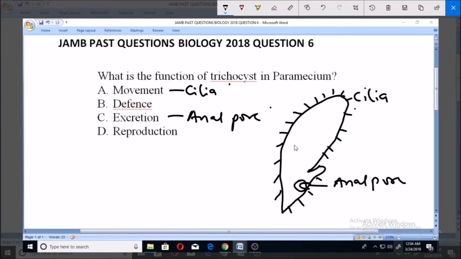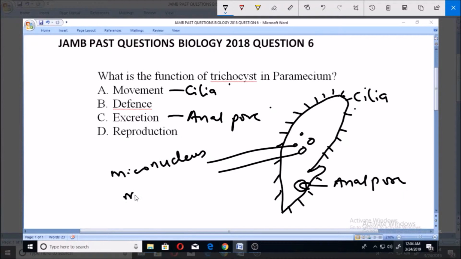Then inside here we have what we call the micronucleus, and the bigger one known as macronucleus. The micronucleus is used for reproduction through a process known as meiosis, as in cell division. So the part that is used for reproduction is micronucleus.